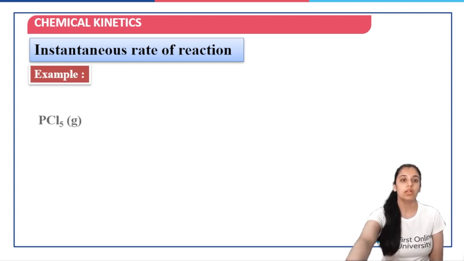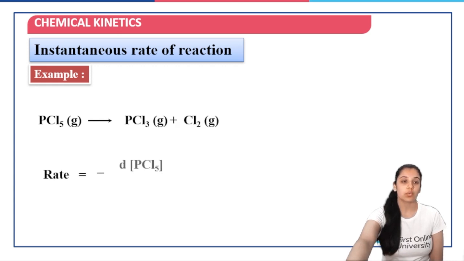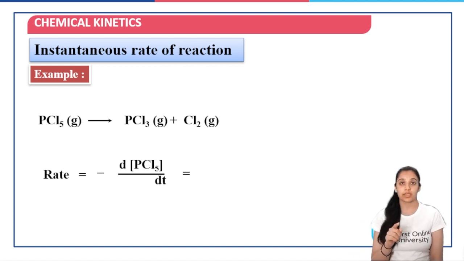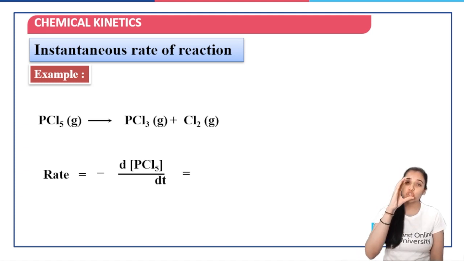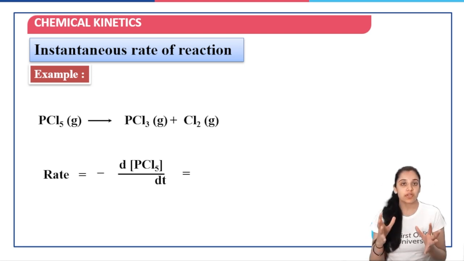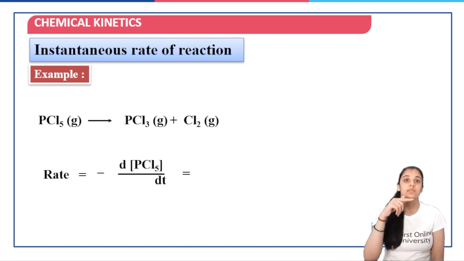For example, PCl5 giving PCl3 plus Cl2, the rate we know is given by minus d PCl5 upon dt. Why d by dt? Because we are talking about a very short span of time and a very small amount of difference. When we talk about large differences, we use delta, the triangle.